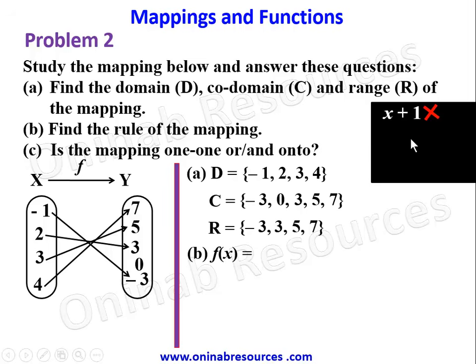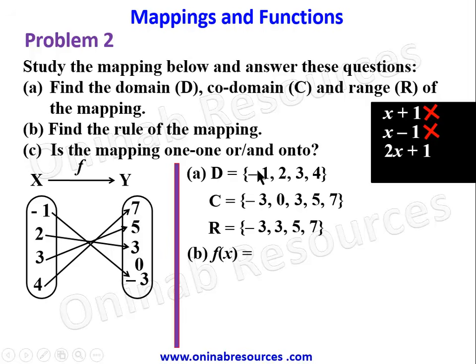So we try x minus 1. So the first element here is -1, which means if x is -1, -1 minus 1 gives -2. So that is not correct. We try 2x plus 1.